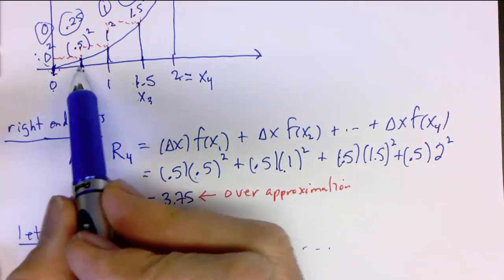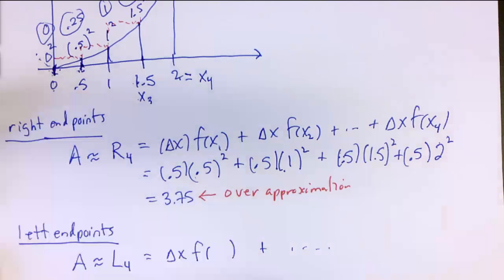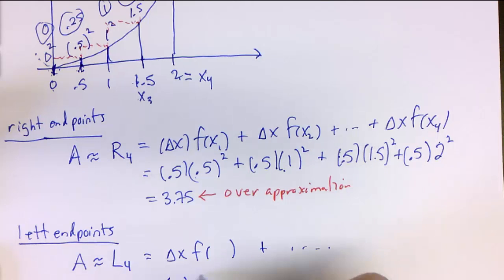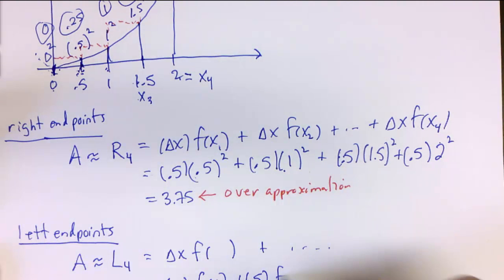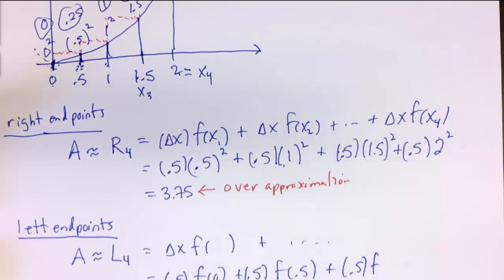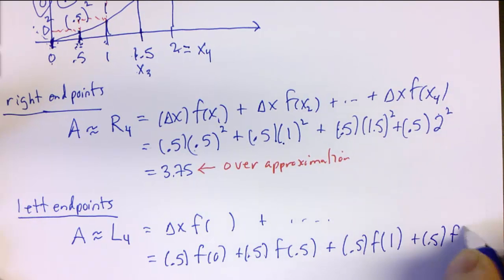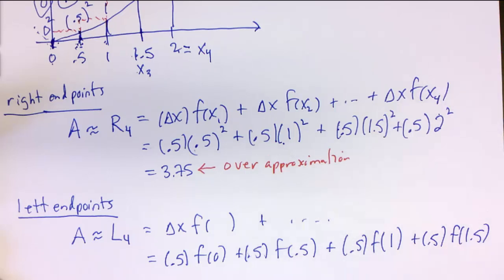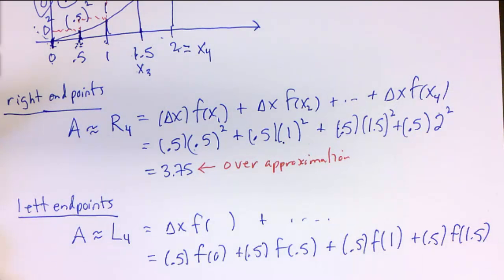For the first interval, from 0 to 0.5, I use the left endpoint to get the height. So I'm going to have the width 0.5 times f at 0 plus the width 0.5 times the left endpoint of the second interval, f of 0.5, plus 0.5 times the function evaluated at 1 plus 0.5 times the function evaluated at 1.5, because 1.5 is the left endpoint of my last interval.